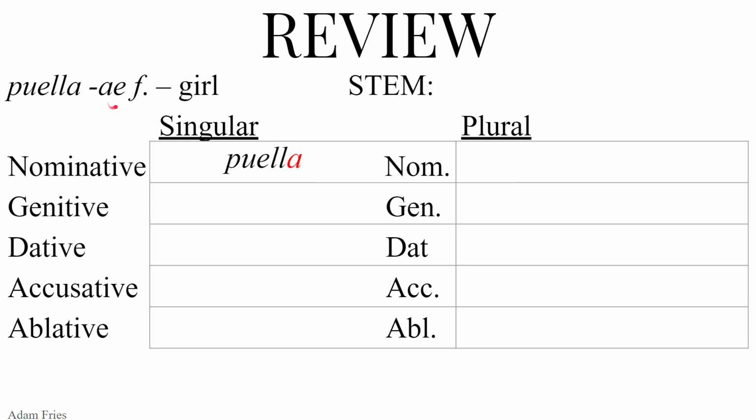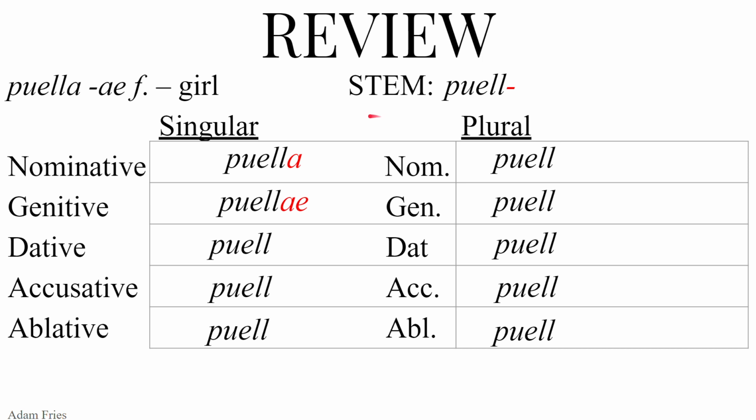Then the AE, pronounced I. This is very important. This is the genitive singular ending, and it goes in the genitive singular blank, puellae. And then we're going to chop that AE, the genitive singular ending, off in order to get the noun stem. The stem, the unchanging part of the noun, puel, double L. And we're going to fill the rest of the blanks with this stem.